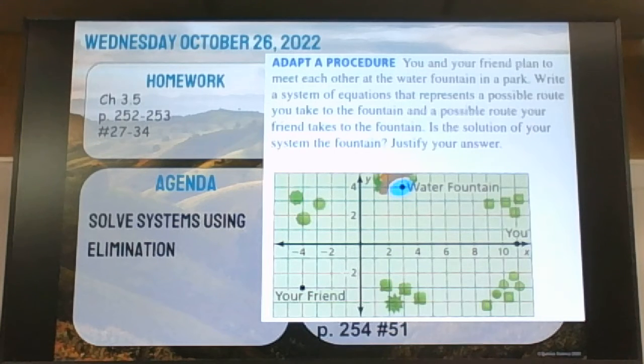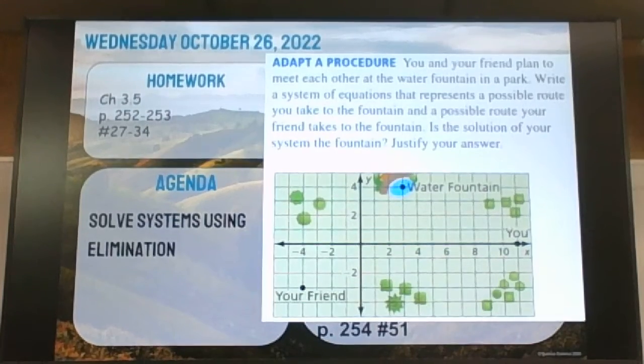Those slopes are correct. This one's negative, but yeah. Find your slopes right. Good. Hunter, what you got going on? Yep, that's the slope of your friend to the water fountain. Okay, I see progress.